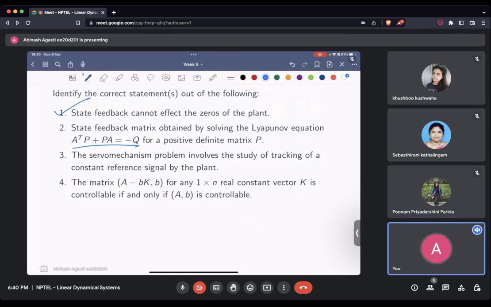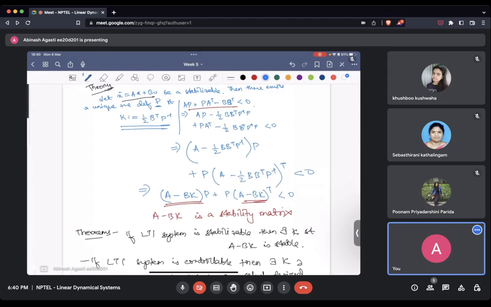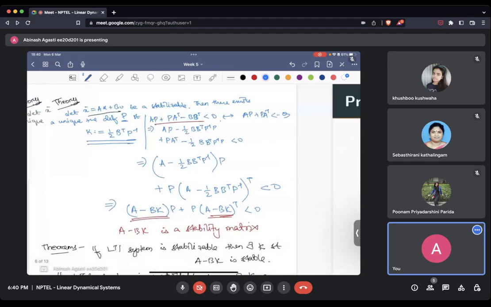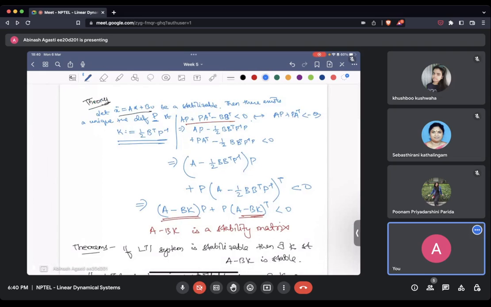Okay. So basically what we saw in the earlier thing, if the system is stabilizable, then this equation is kind of equivalent to this.